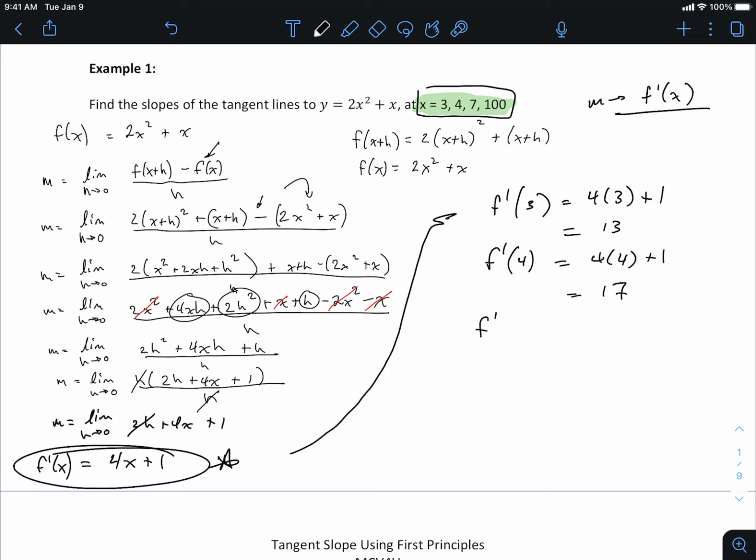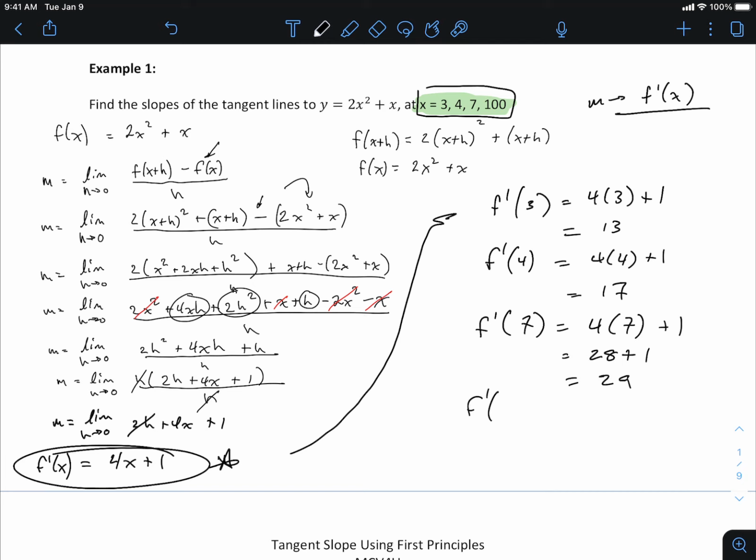And f prime at 7 should equal 4 times 7, plus 1, which is 4 and 4 is 16, plus another 12, 28, plus 1.